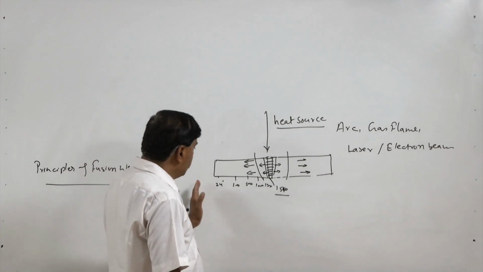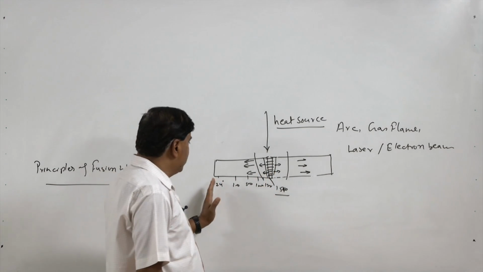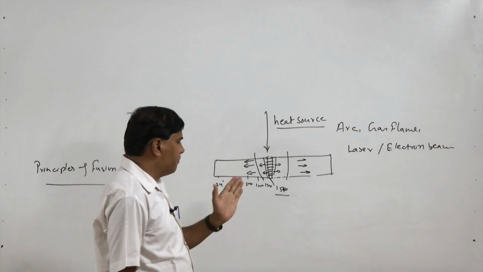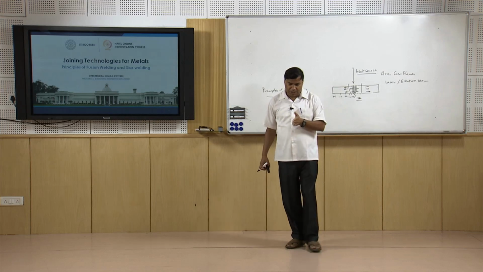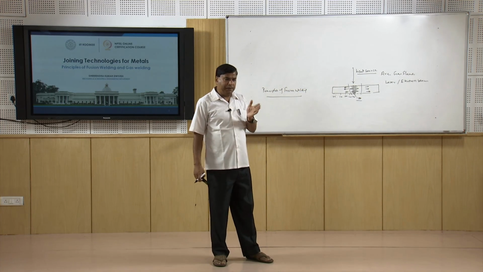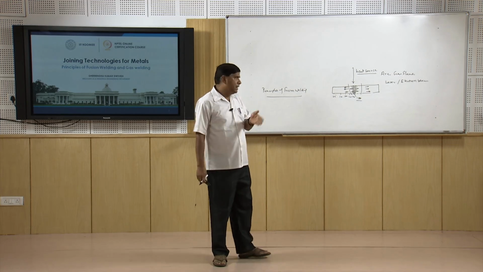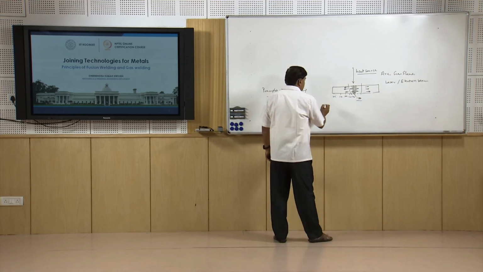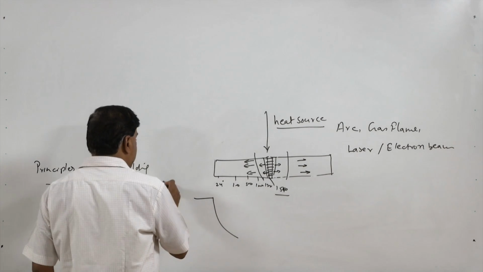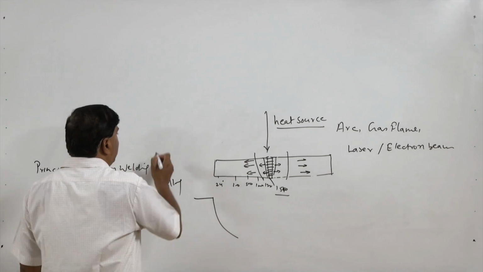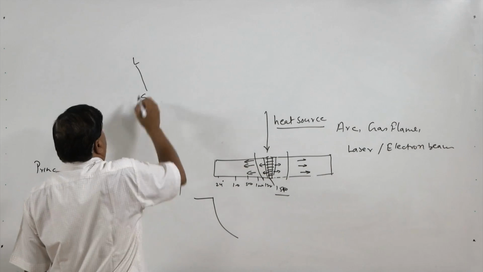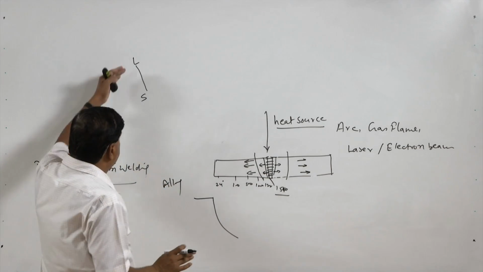So, as we approach towards the fusion boundary, the temperature keeps on increasing, and the distance up to which the temperature of the base metal is above the melting point, that is completely brought to the molten state. And thereafter, if the metal is pure, then the boundary is clear, but if the metal system is an alloy, then we will have one solidus and one liquidus, and there is a temperature difference between the two.